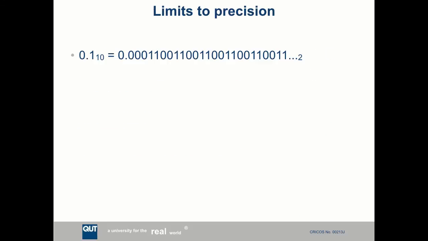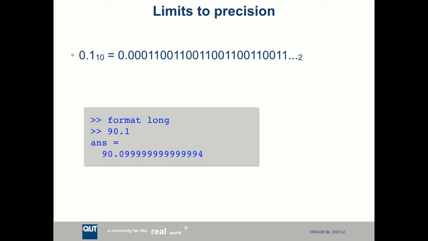Now, here's the number 0.1 to the base 10, and we see that in binary it's a recurring number. It's not anything nice and round. There's no finite representation of it. It's got this recurring 0011 pattern all the way out to infinity. So really, this number can't be represented precisely in binary in a digital computer.